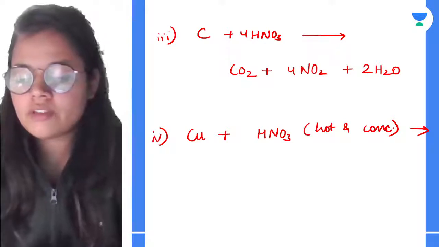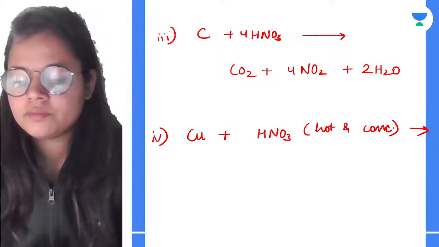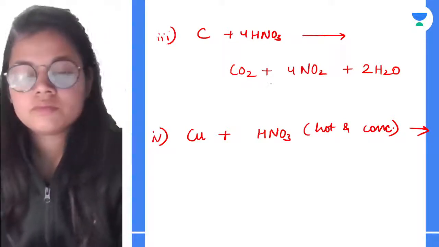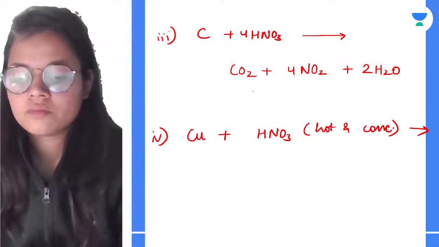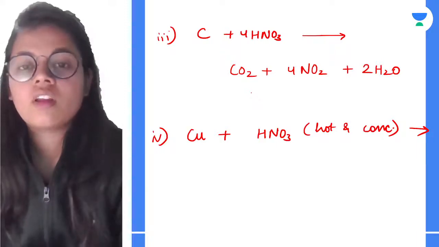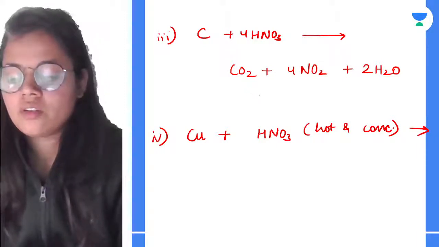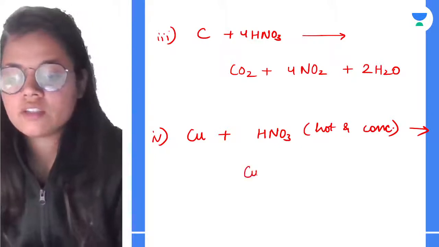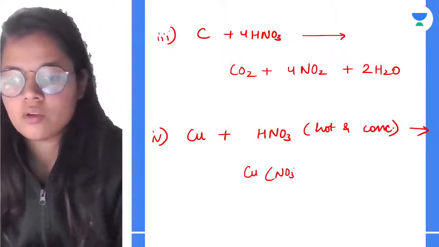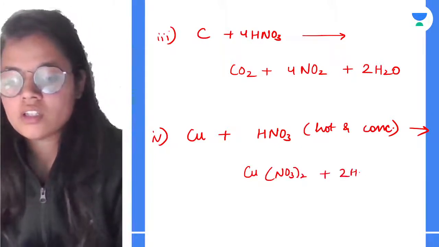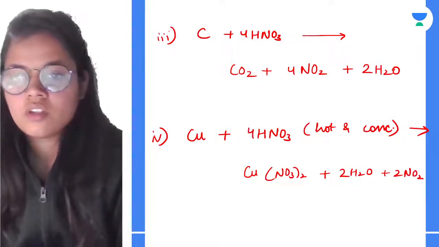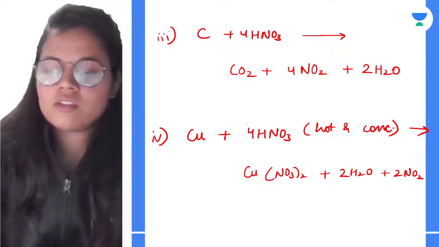What are the compounds that we get? Very good. We get copper nitrate, so it is Cu(NO3)2 plus water plus NO2. Okay, so that is our answer.